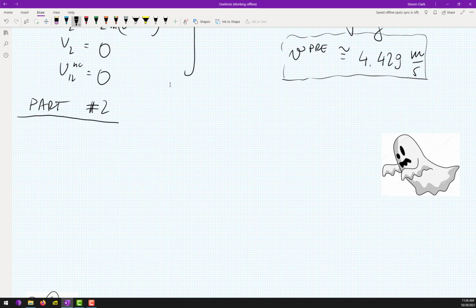Part number 2, which is again the work energy method. Okay, so again we will have our ground in here and here.